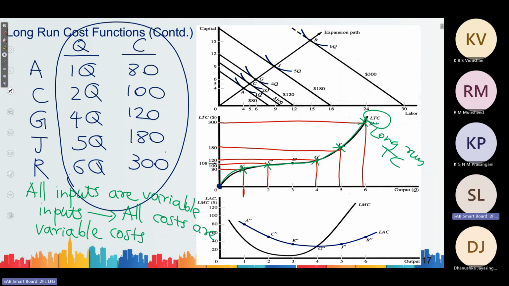How can fixed cost not happen? Because in the long run, the firm has the flexibility to change all inputs as they want.